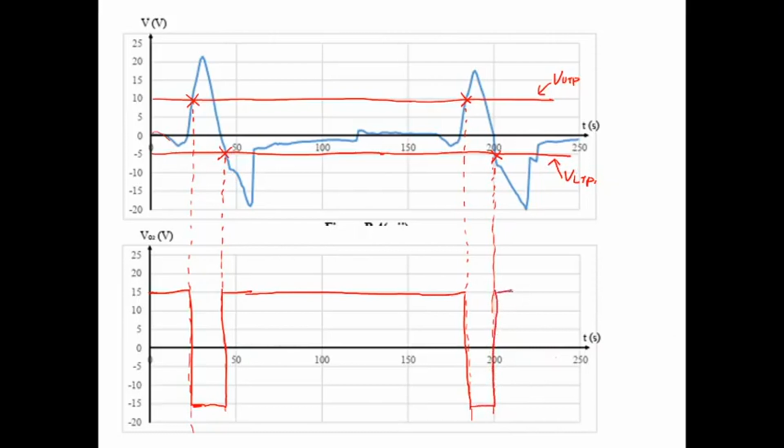Then you write it down, because from this point you will not meet any VUTP. That's it. This is the output waveform for the second op-amp, which is a Schmitt trigger.